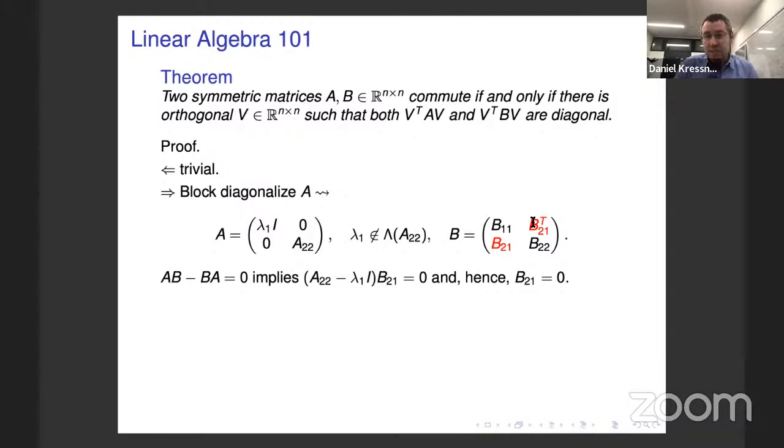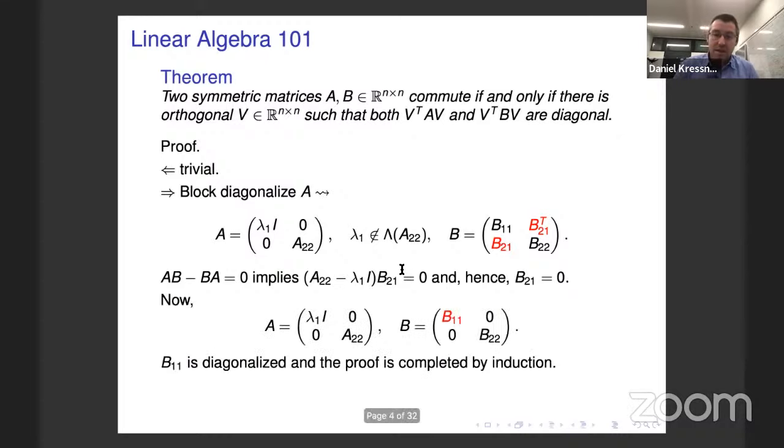And then you can show that B needs to be block diagonal simply because AB minus BA equals zero implies that (A22 minus lambda 1 identity) times B21 is equal to 0. And since this matrix is invertible because of this condition, B21 needs to be 0. And so then you can just diagonalize B11, and then you proceed by induction. So that would be one way to prove it.